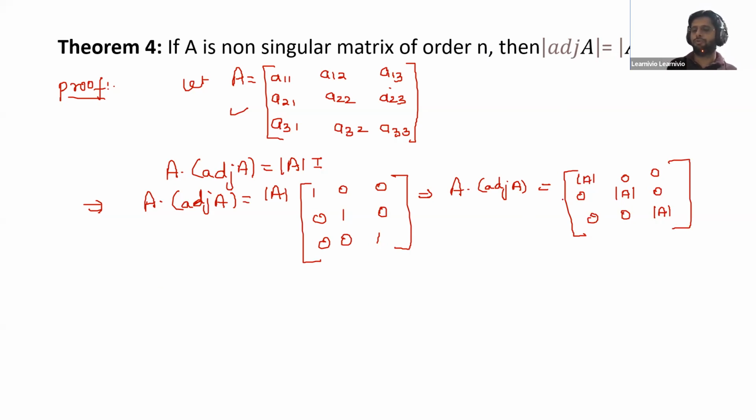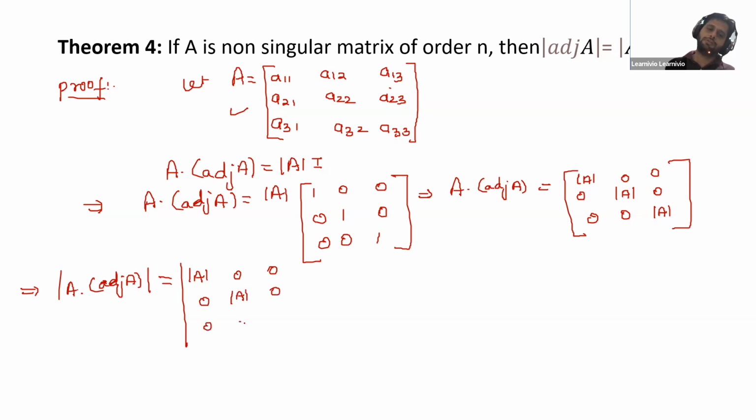Now we will take the determinant on both sides. The left side becomes the determinant of A into adjoint of A, and this is equal to the determinant with determinant of A, 0, 0, 0, determinant of A, 0, and 0, 0, determinant of A. Now A into adjoint of A is the determinant of A times the determinant of adjoint of A. Now this is a determinant, so we will take determinant A common from the first, second, and third row.